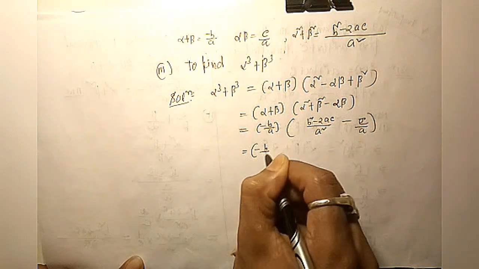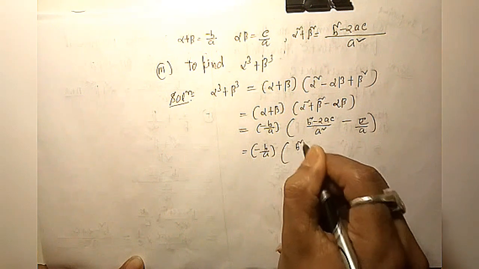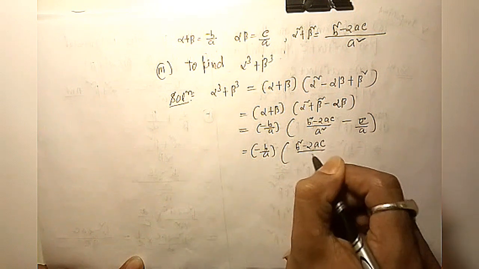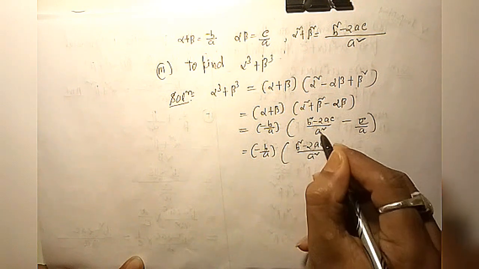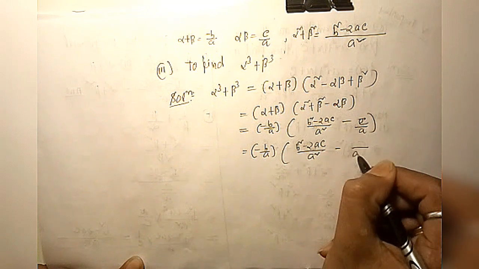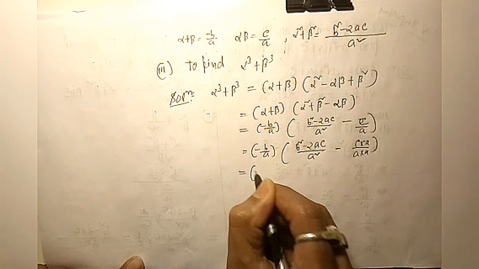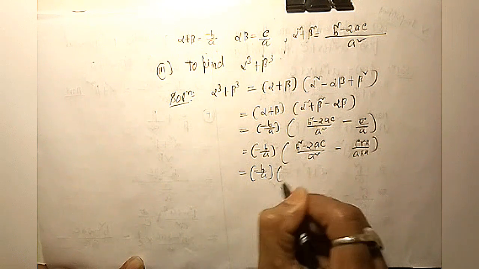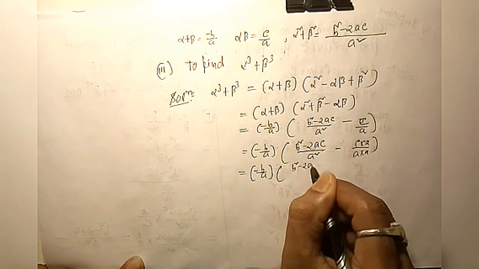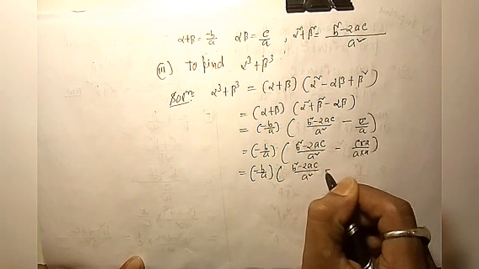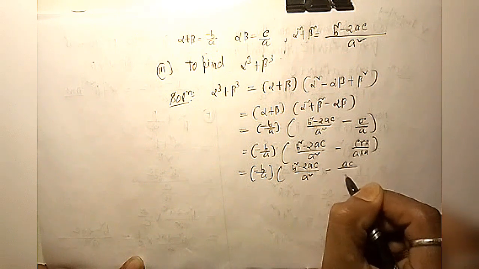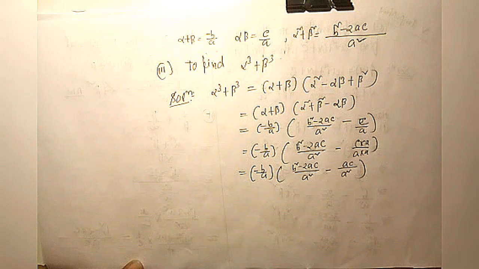So it equals minus b by a, b square minus twice ac by a square, and the highest power is 2, so a into a, c into a, minus b by a, b square minus twice ac by a square minus ac by a square.